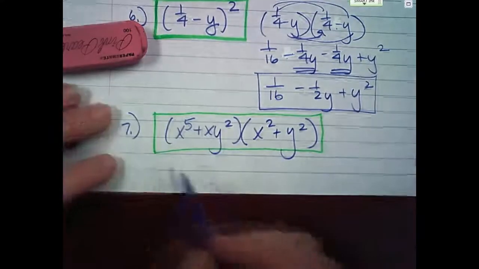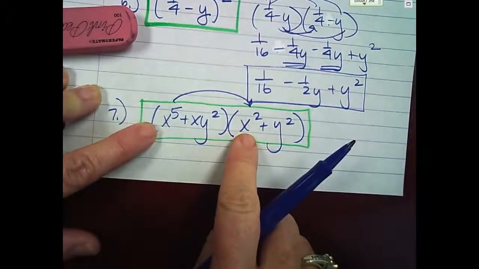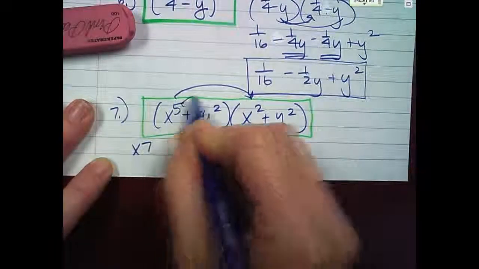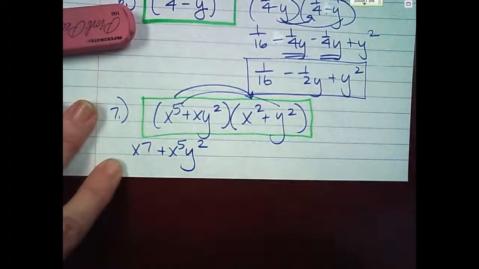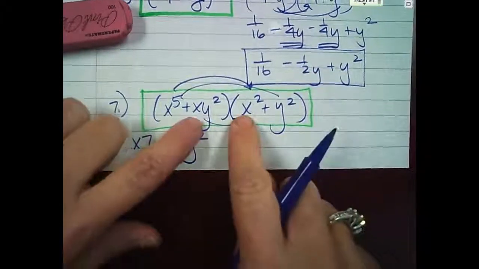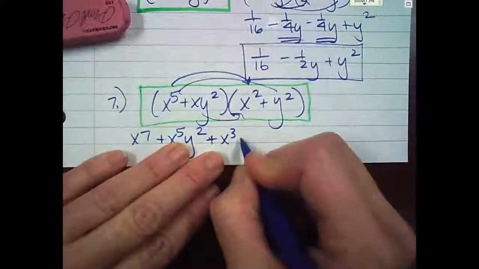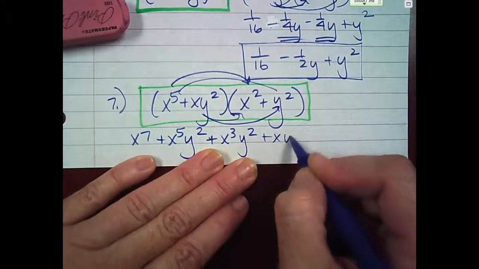Here we go, dive in. X to the 5th times x squared is how much? X to the 7th, right? I know, be careful. You add them. X to the 5th times y squared, to go the other direction. This one's an x and an x squared, which is 3 x's and 2 y's. Lastly, 1x and 4 y's.